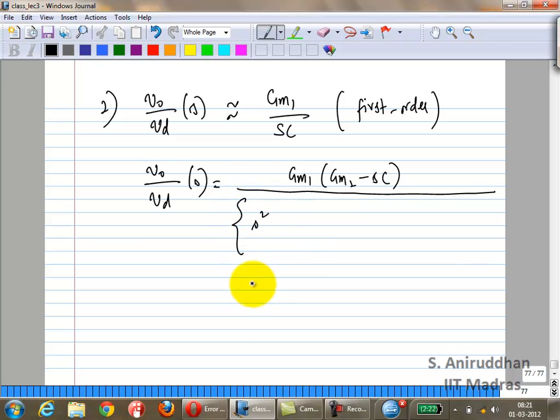So you'll have 3 terms. You'll have some S squared term, S term and some constant term. So what is the coefficient of S squared? C times C1 plus C2 plus C1 C2. Okay. What is the coefficient of S?